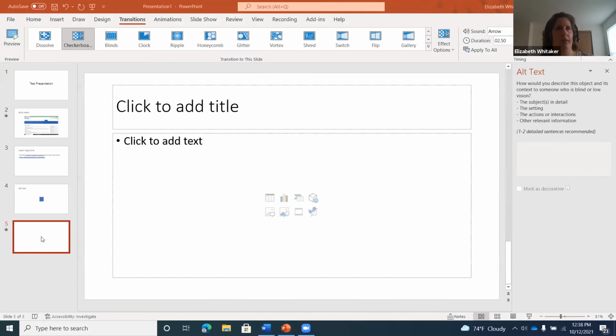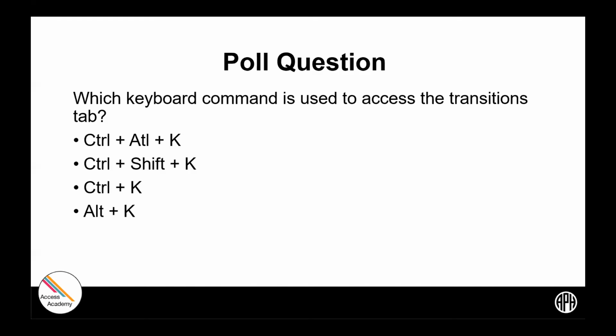And I think we are up on a poll question. Yes, we are up on that. I keep forgetting those. And so add your questions to the chat as well as we go through this question. And we want to know, which keyboard command will access the transitions tab?